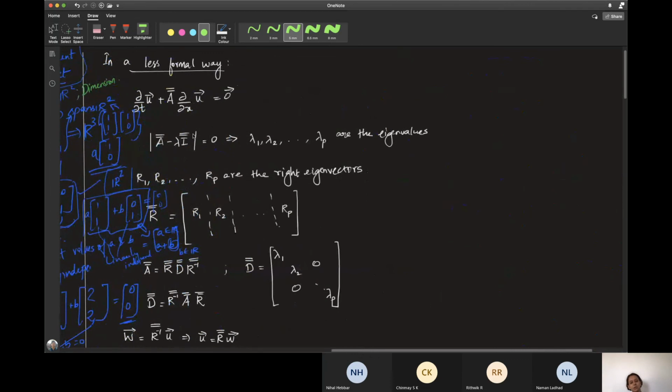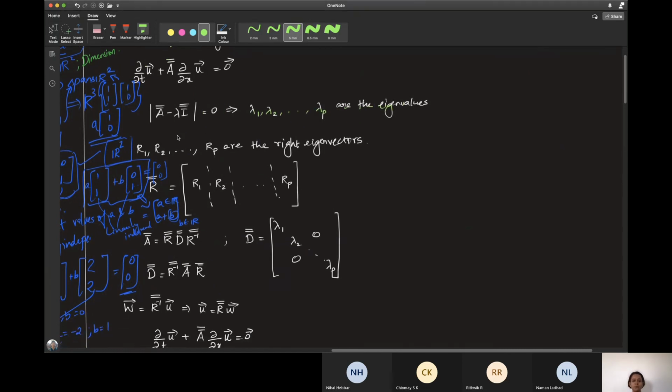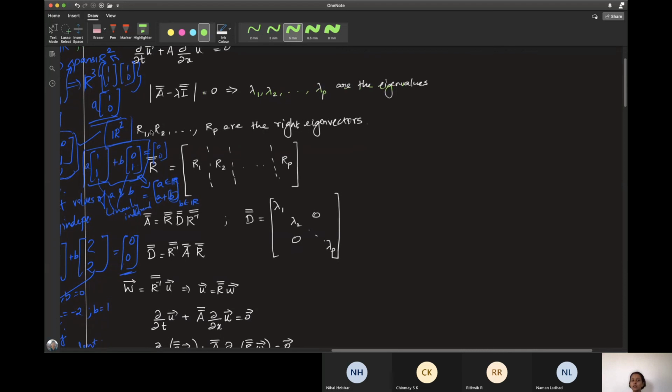Now let's take this eigenvalue problem, determinant of matrix A minus lambda I equals 0. When we solve that, we get p eigenvalues. This is the usual eigenvalue problem, and we solve it to get the eigenvalues and corresponding eigenvectors. The notation is different now: it's capital R instead of small r. So we have p eigenvectors.